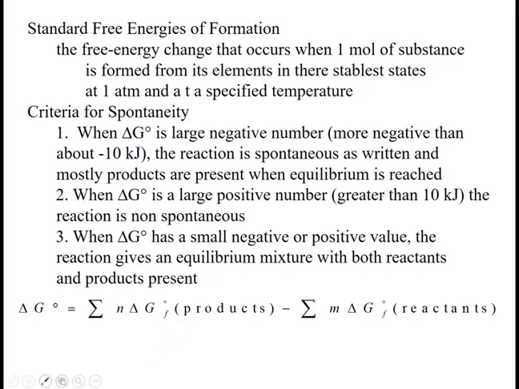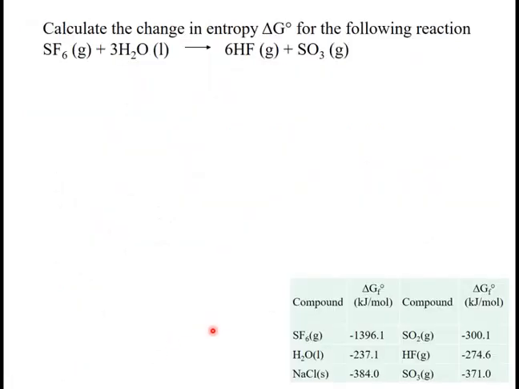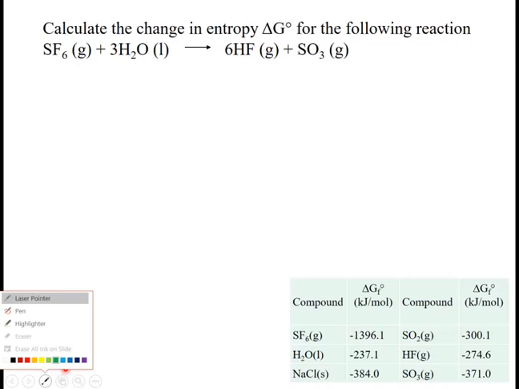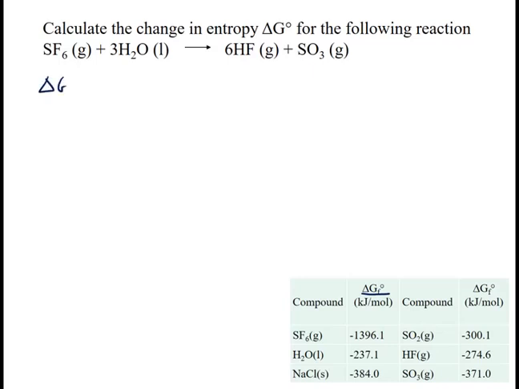Okay. So now we're going to do another example. And so these are the same reactions we just did, but now I have a delta G of formation table down here. So the delta G naught is simply going to be, again, the products minus reactants times coefficients.